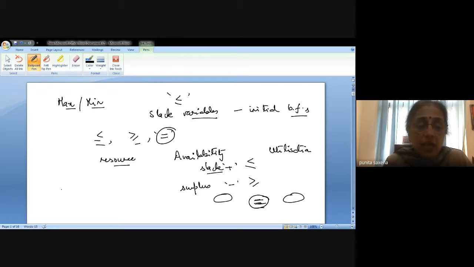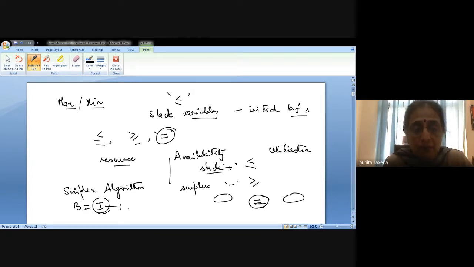Now, we have seen the simplex algorithm and observed that the algorithm works best provided we take our B as I. That means we need the coefficients in our constraints such that, whatever the rank is, at least that many of them correspond to the identity matrix.